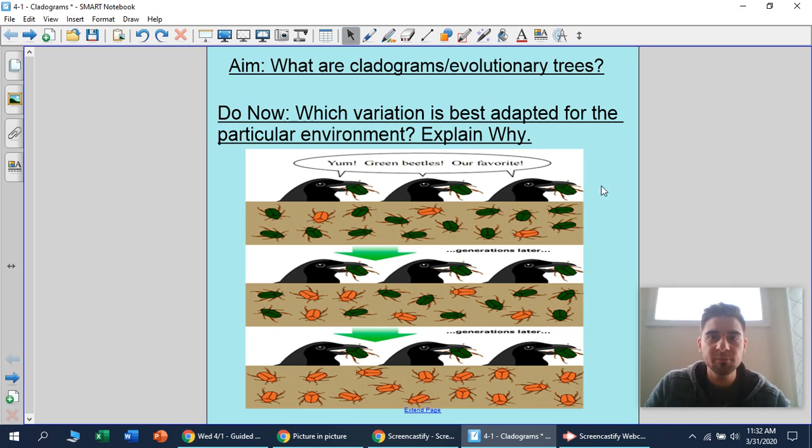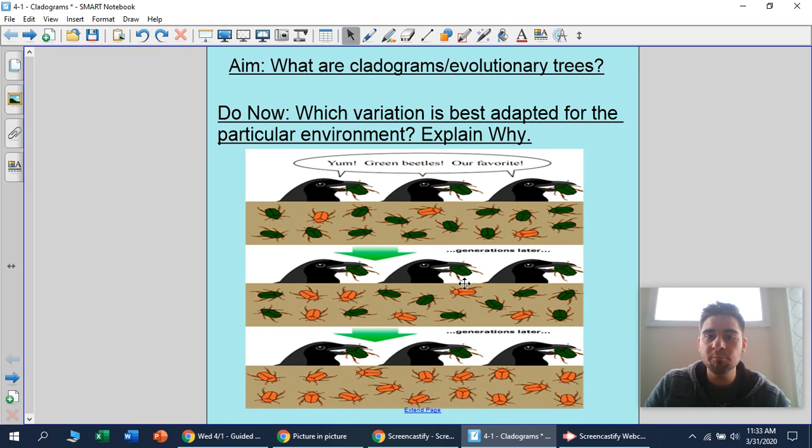Okay, hopefully by this time you have written down your aim or typed in your aim, and you've also given the do now a shot. So what you should see here is that the bird is preferring the green beetles. So each time the beetles reproduce, the birds continue to eat the green ones. So in other words, the green beetles are at a disadvantage. Their green color variation makes them get eaten.